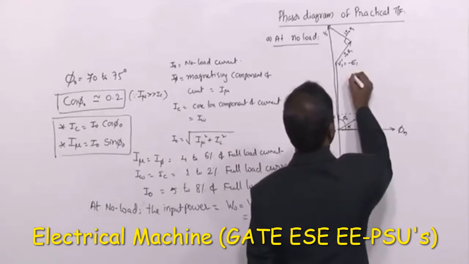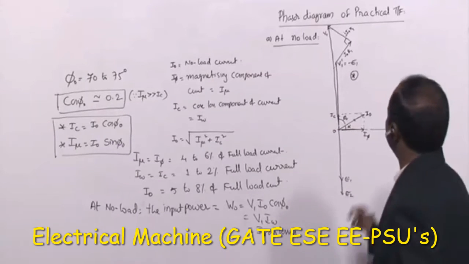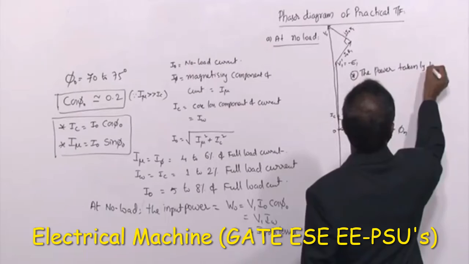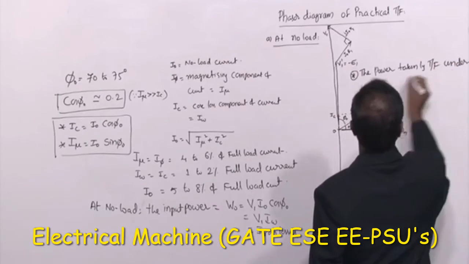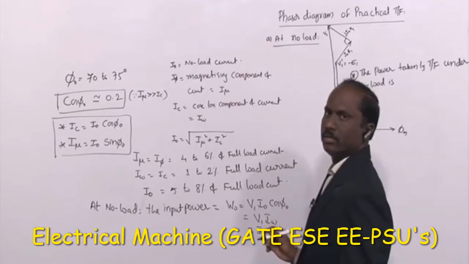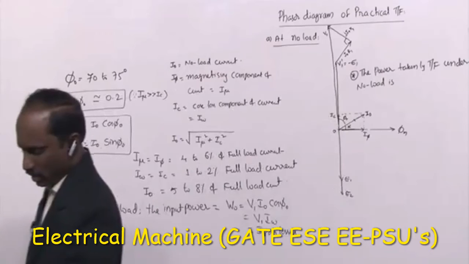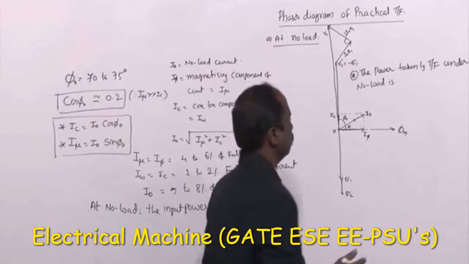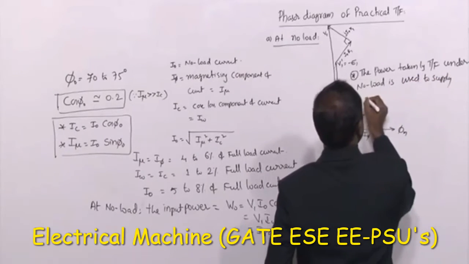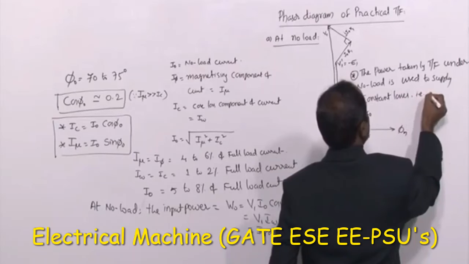So the condition is that the power taken by the transformer under no load is only to fulfill the iron losses, which are core losses, the constant losses.